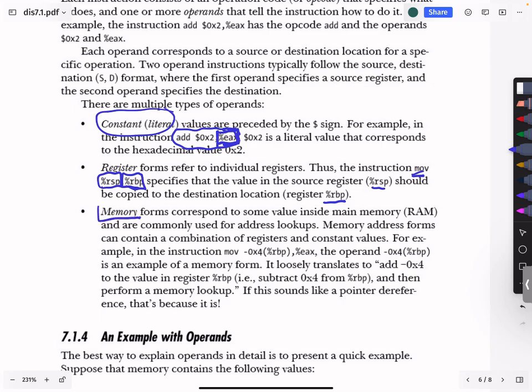There are also these things called memory forms, which are basically ways of getting the value at an address. So for instance, if you merely write parens around your address, then parens around the address gets you the value at that address. But if you moreover put this minus 0x4, then this is going to subtract 4 written in hex, but since 4 in hex is just 4, that translates very easily.